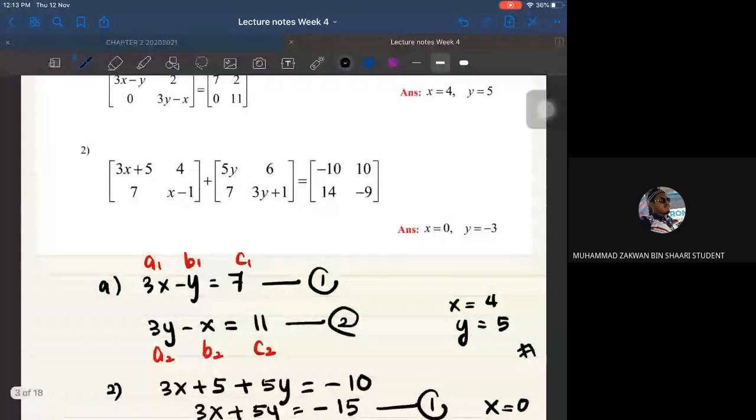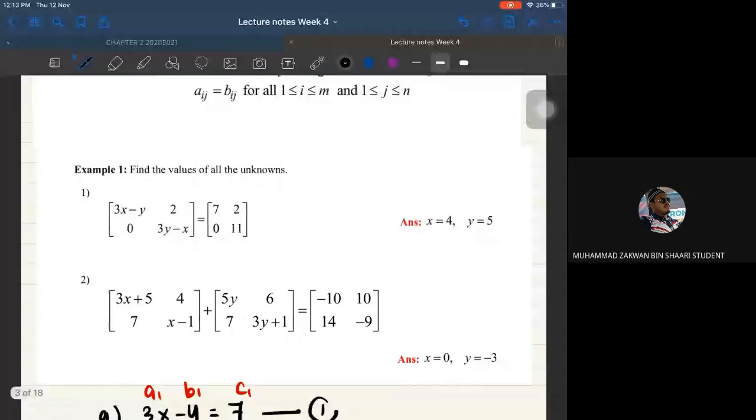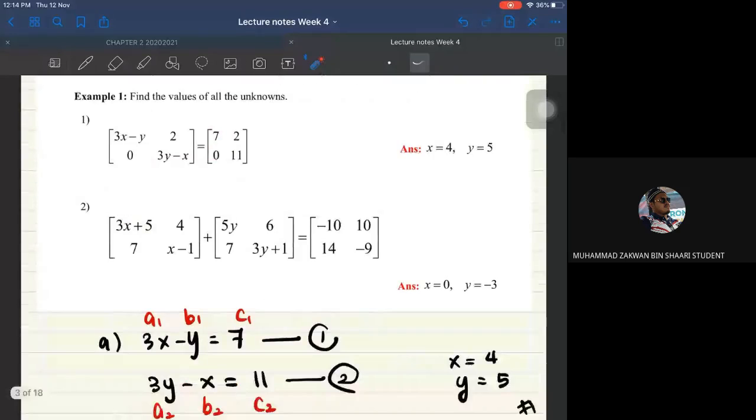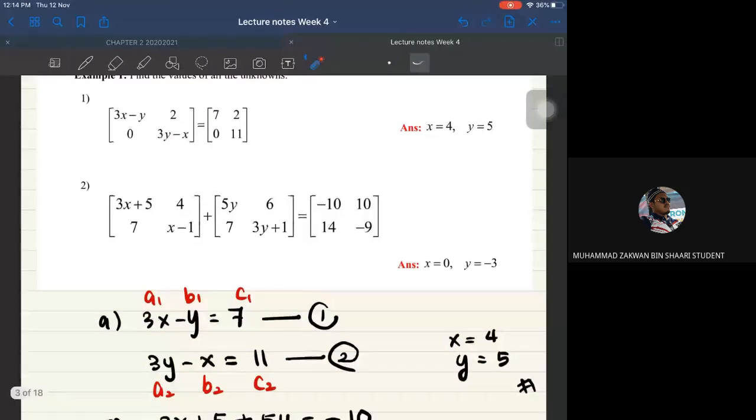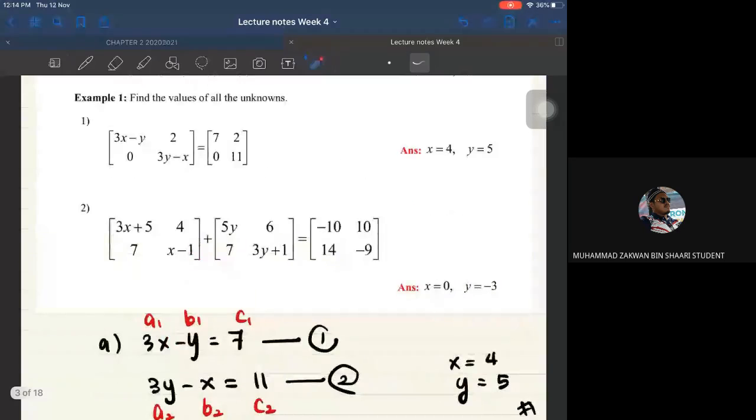So tujuan equality of the matrices ni kita nak cari the value of the unknown lah. Bila kita kata dua matrix tu sama, so each element the matrix ni mesti sama. Okay. Macam mana you nak check jawapan you betul ke tak? When you have the value of x and y, you substitute back into the original problem here, and the operation of this one will give you 7.